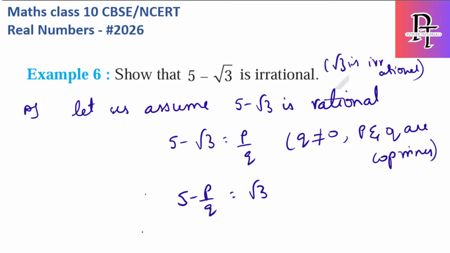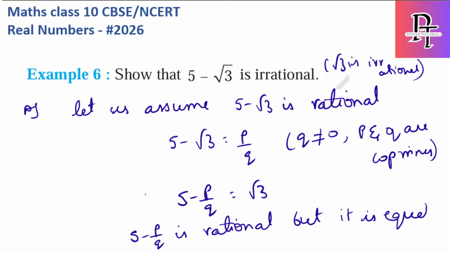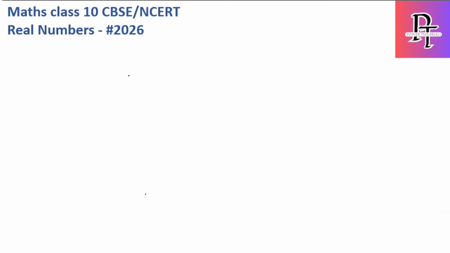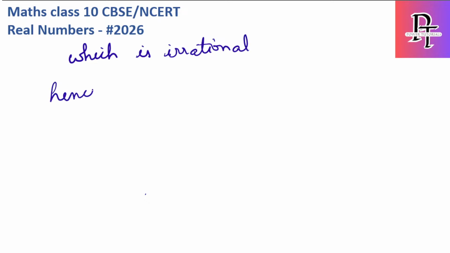So 5 minus p by q is a rational number, but it is equal to root 3, which is irrational. Hence our assumption is wrong.